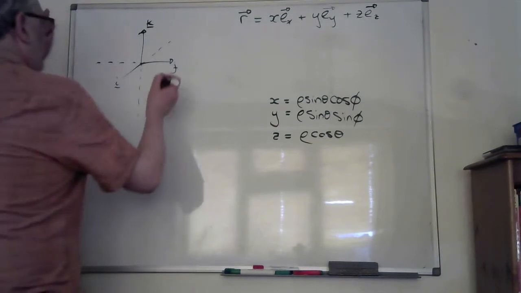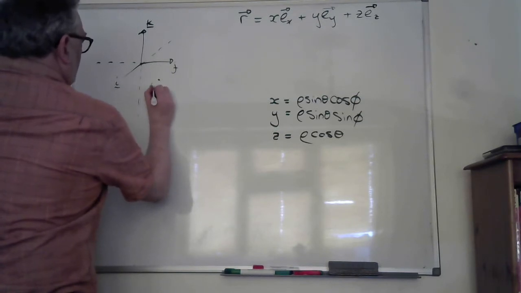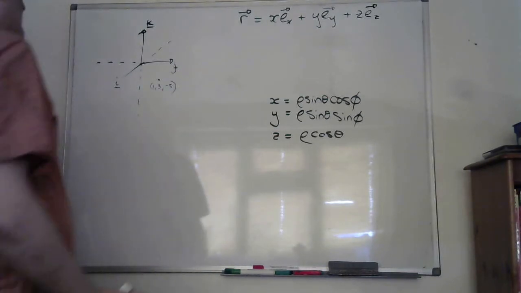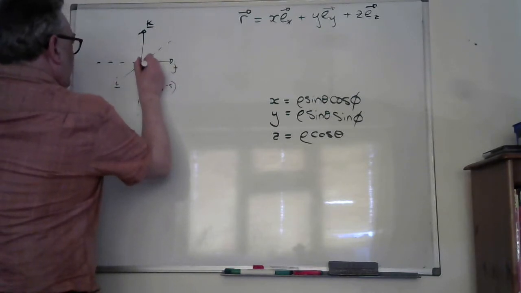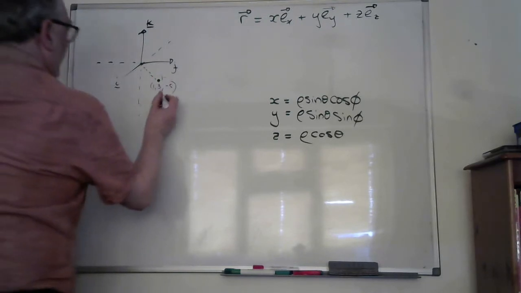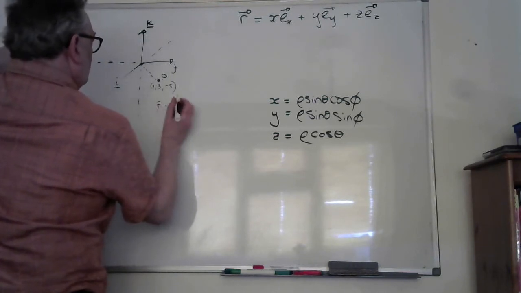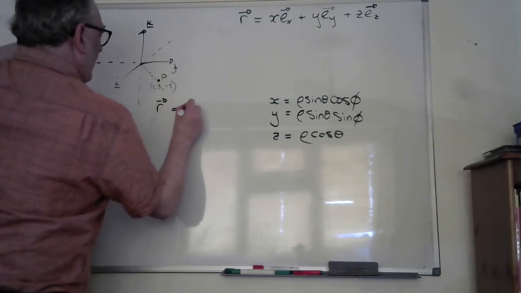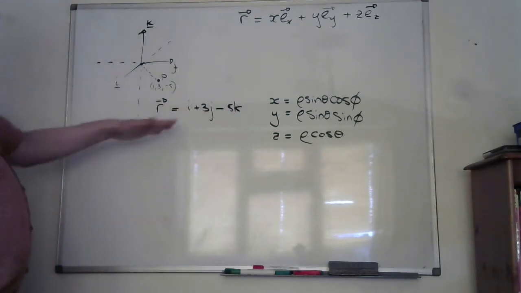So if you had a position vector down here with the coordinates 1, 3, and -5, then the position vector joining the origin and that point P would be R equals i plus 3j minus 5k, right?